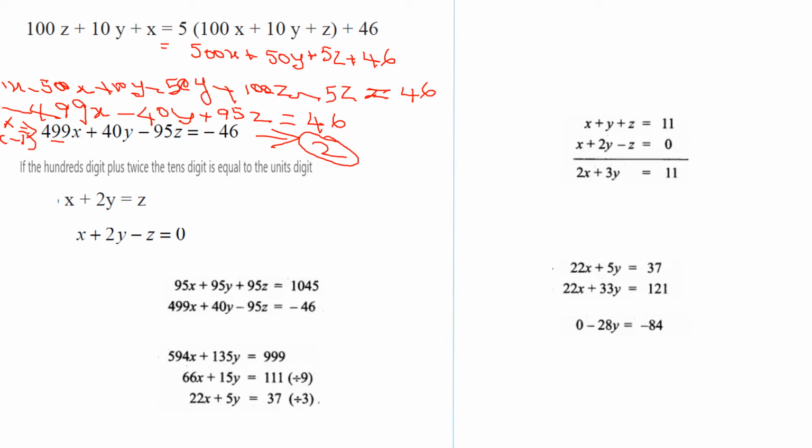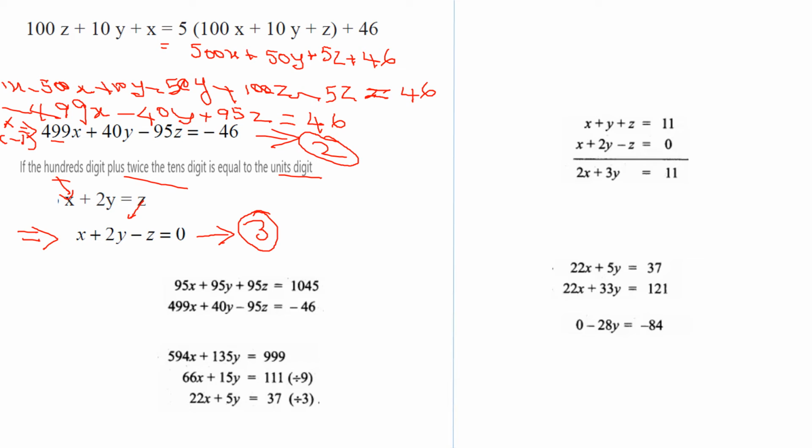Our third condition is: the hundreds digit, which we take as x, plus twice the tens digit, 2y, is equal to our unit digit z. So we write x plus 2y minus z equal to 0. That is our third equation.